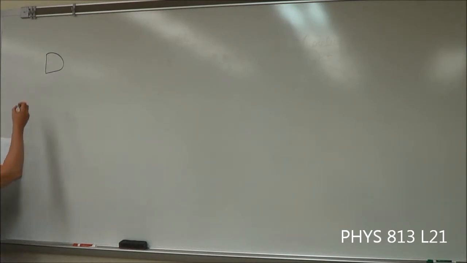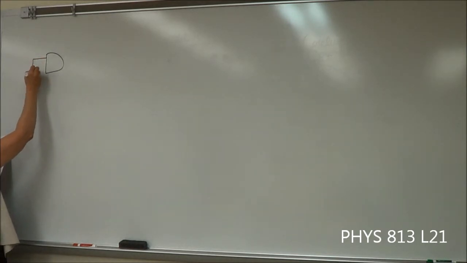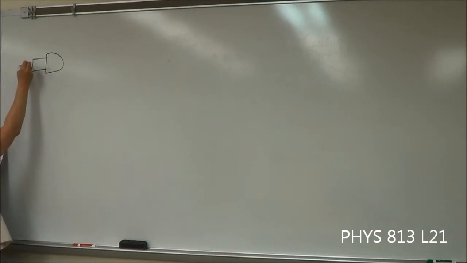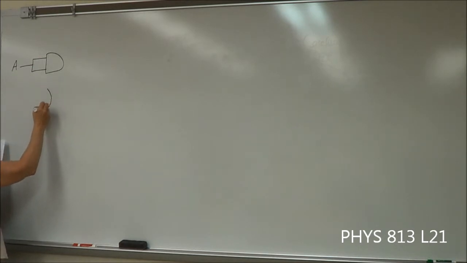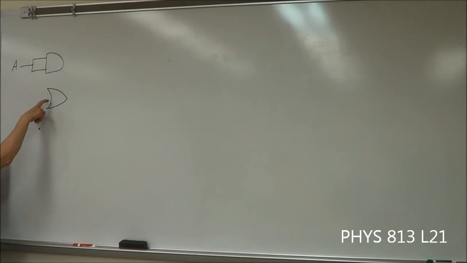So here we're going to have an AND gate with a single input out here. I'm going to have an OR gate. Remember, it's just a regular OR. It's not the exclusive, because it doesn't have that. So we have this out here. It has to have 2 inputs.